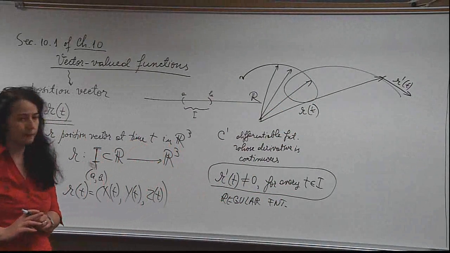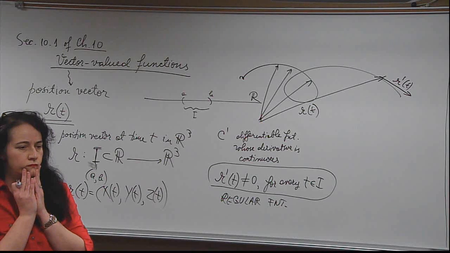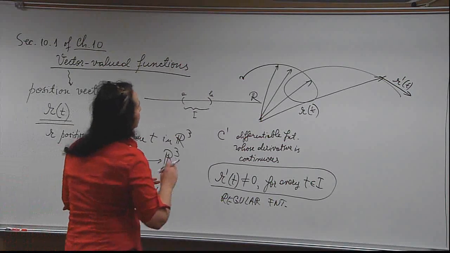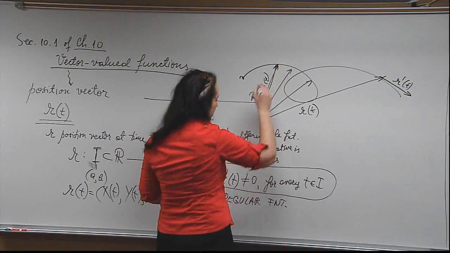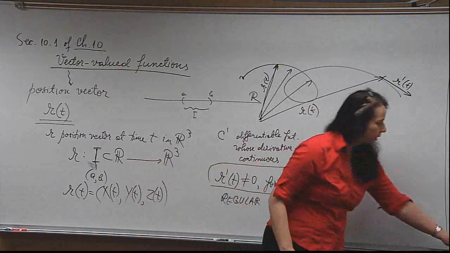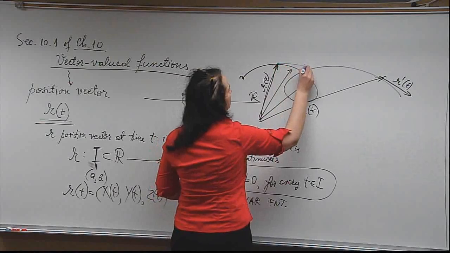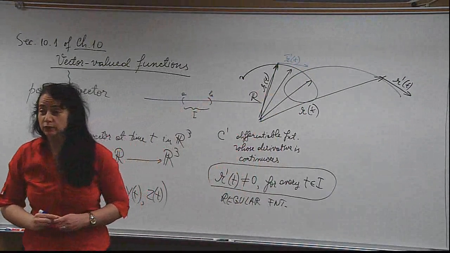Yes, sir? I mean, wouldn't the derivative of that line at some point equal 0, like where it flattens out? Let me draw very well. So at time t, r of t is the position vector. What is the derivative? The derivative represents the velocity vector. The beautiful thing about the velocity vector r prime of t is that it has a beautiful property.